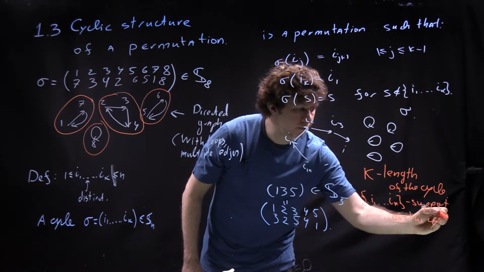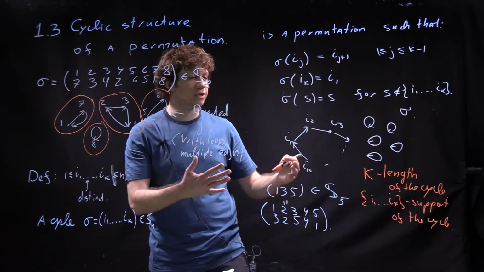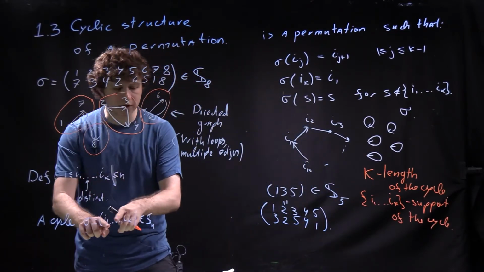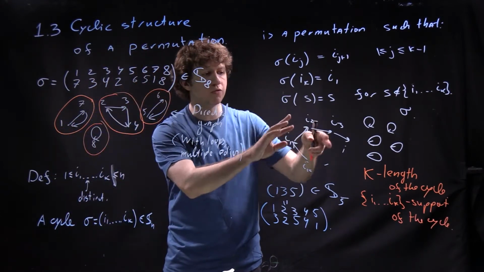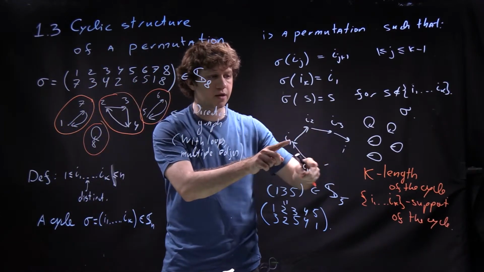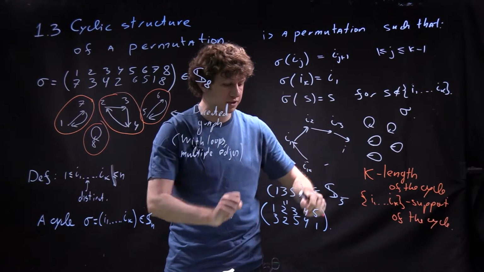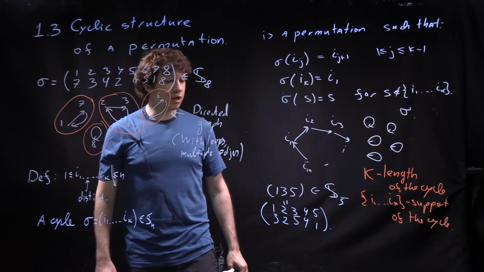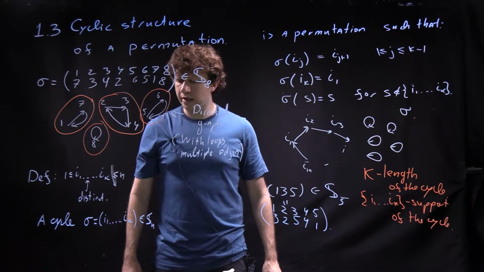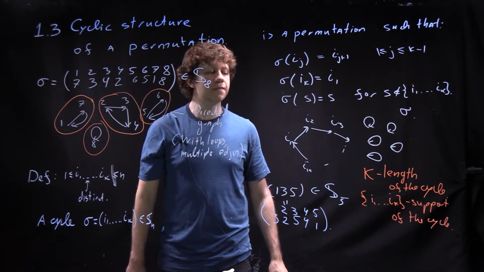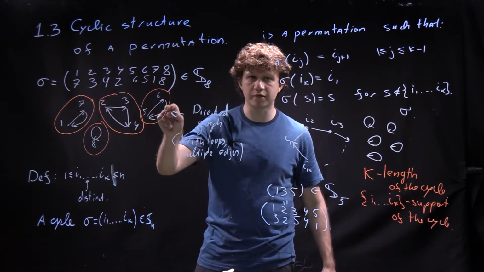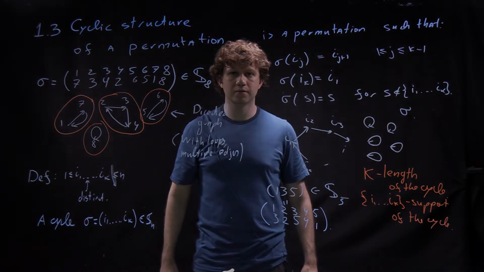There are lots of different cycles with the same support because the cycle depends on the ordering of these indices: if you reorder them, you change the order in which you go around the cycle. Now let me go through a few examples, and then I will formulate a theorem that every permutation is a product of cycles, like here.